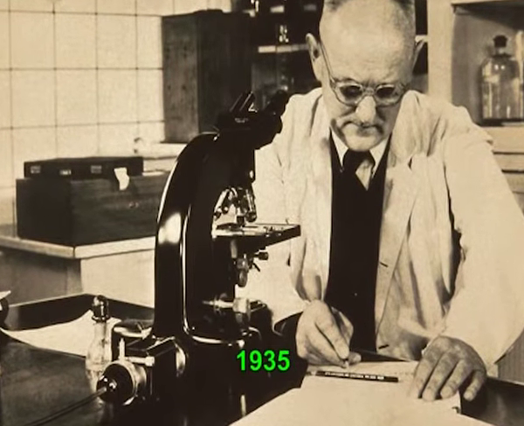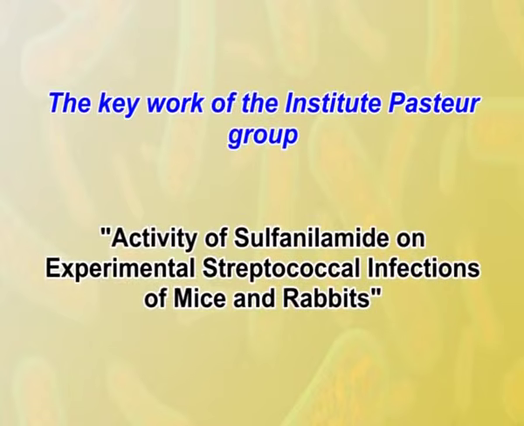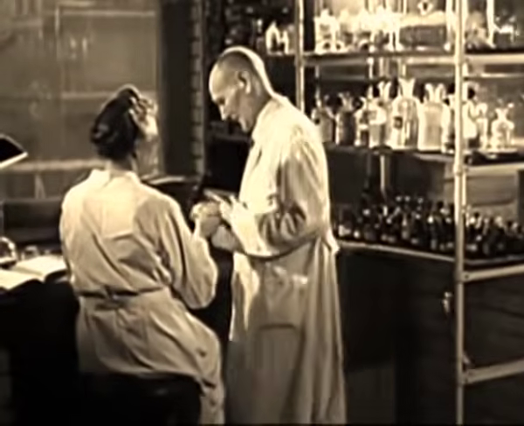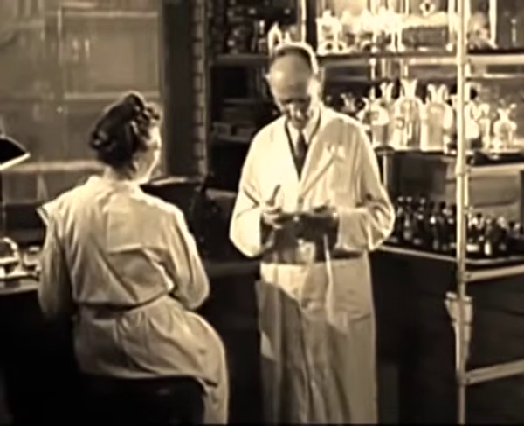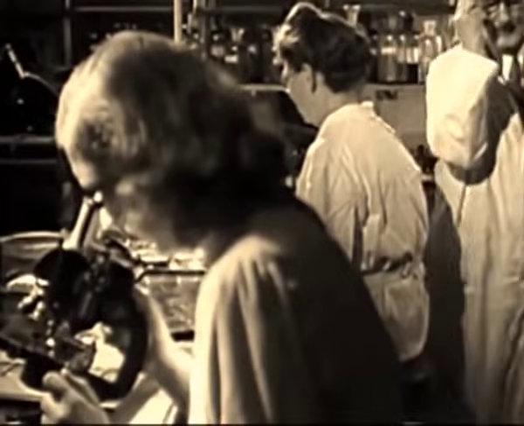classical paper, the key work of the Institut Pasteur group appeared under the title, Activity of Sulfonamides on Experimental Streptococcal Infection of Mice and Rabbits. Much of this work was based on Domagk's discovery. It was much more than just another discovery.